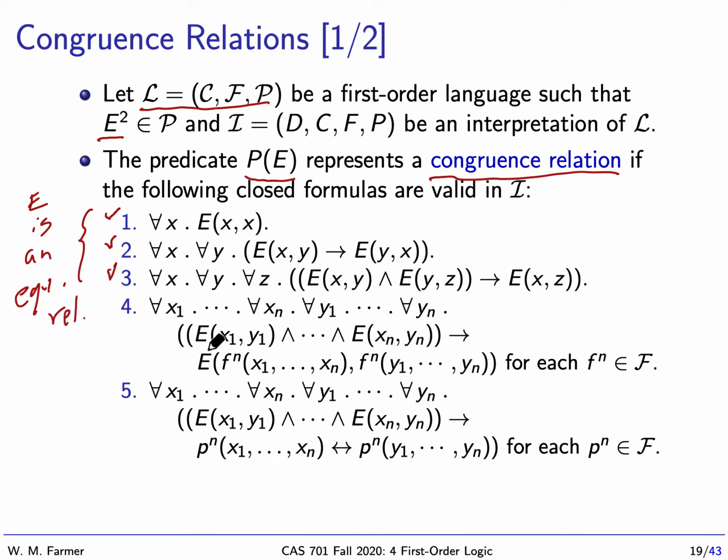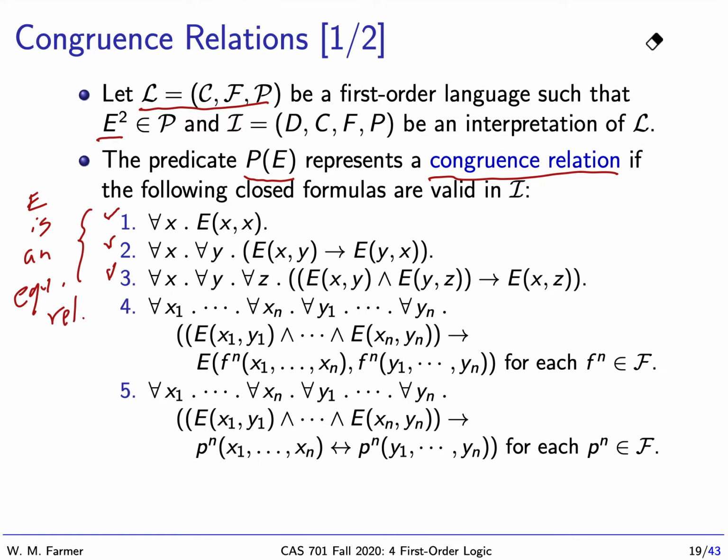Now what do 4 and 5 say? The place you should focus on is right down here. Actually, I didn't draw that quite right. Let me use a different color. Let's focus right on this.